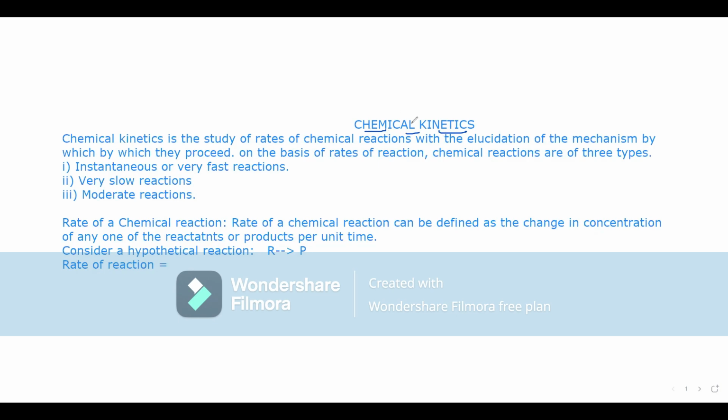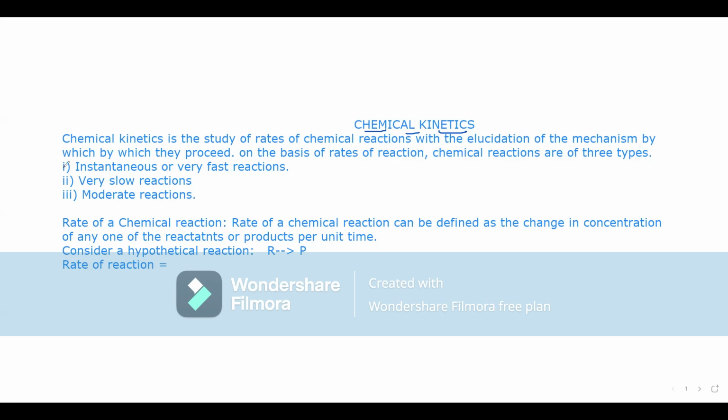So from the word itself, it is clear that chemical kinetics is the branch of chemistry which deals with the study of chemical reactions along with the mechanism of the reaction. So, study of rate of reaction along with the mechanism of the reaction, that is called chemical kinetics.